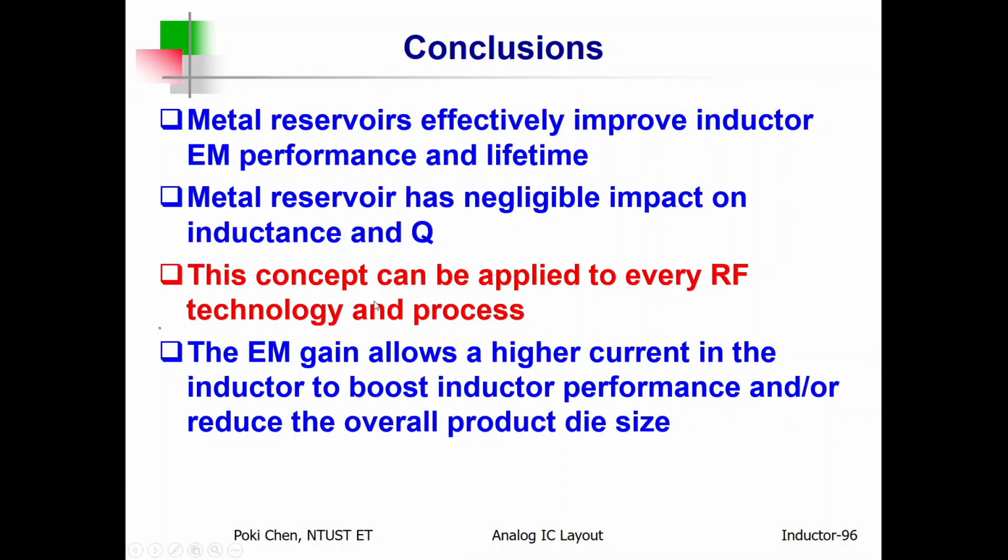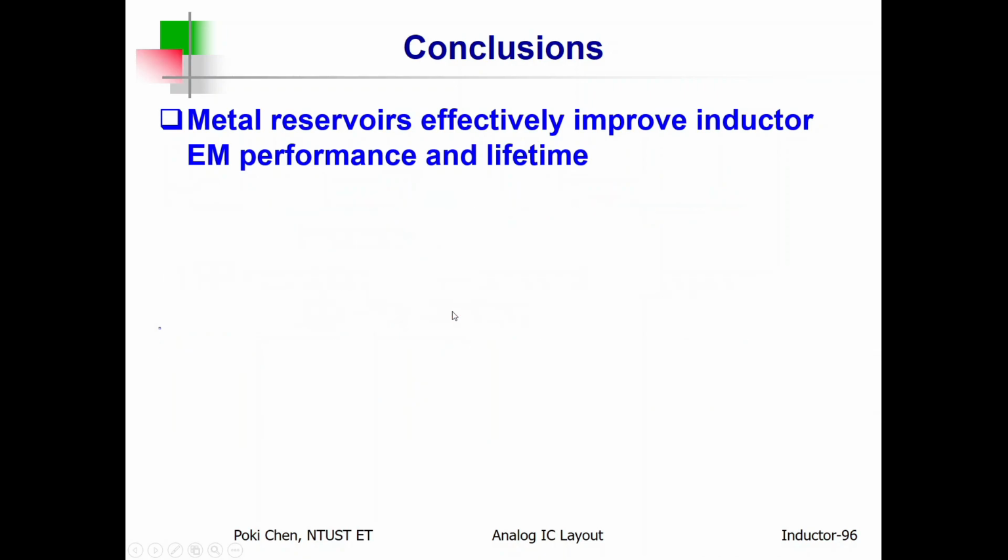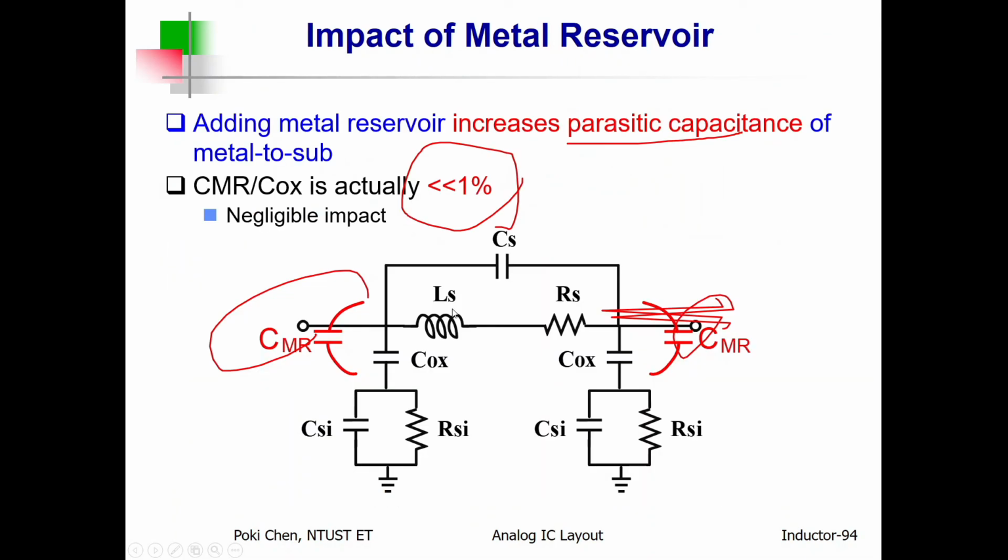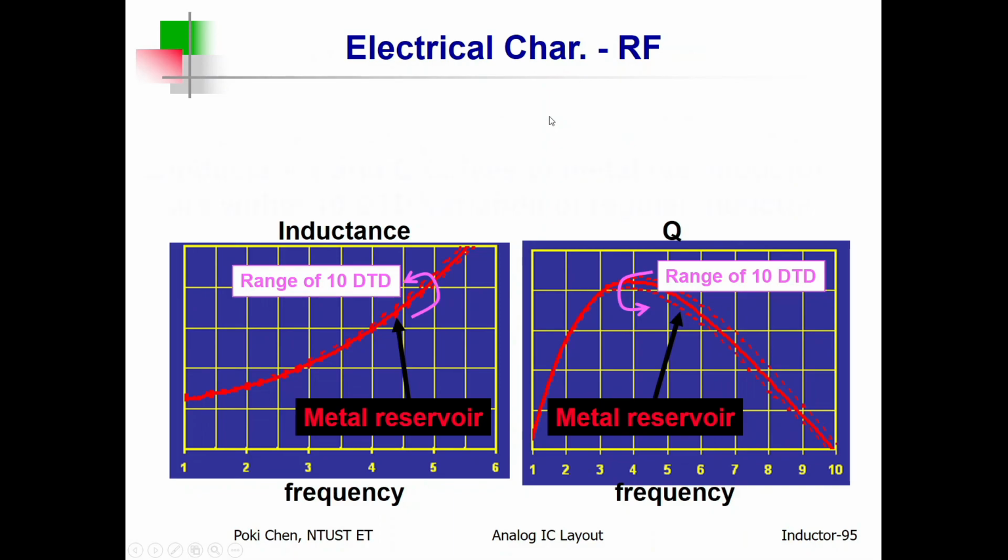This concept can be applied to any kind of IC technology and processes only if you need to face metal migration. Then the simplest cure is to have such kind of extra metal reservoir. That's it. Simple to test, but powerful enough. Bye. That is the end of the chapter.